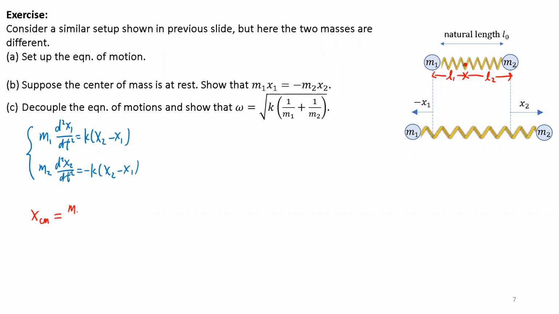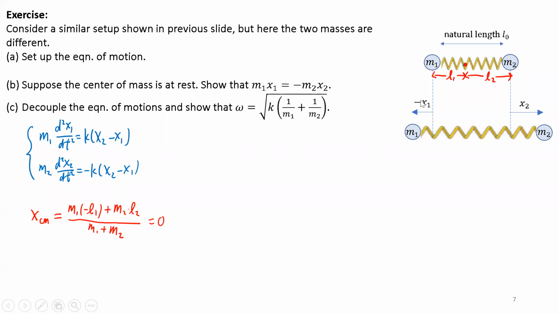M1 minus L1 plus M2 times L2, divided by M1 plus M2. Okay. So in fact, this is 0, because of the way that I picked the coordinate system.